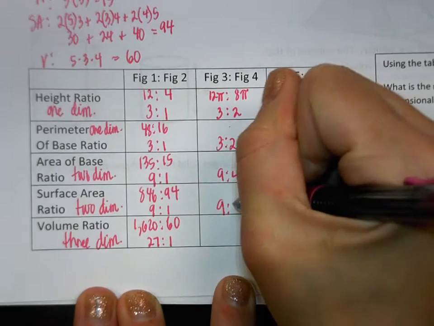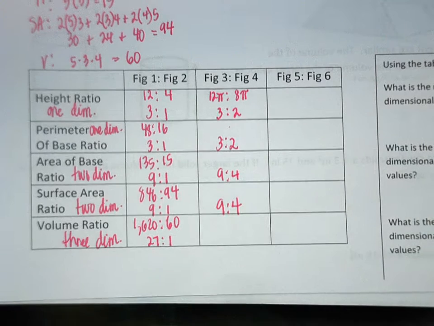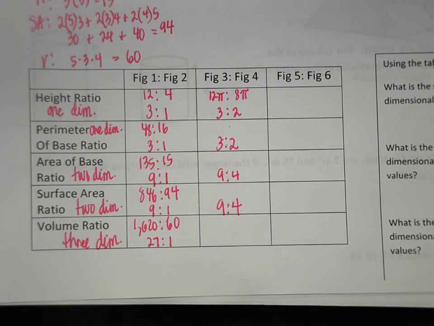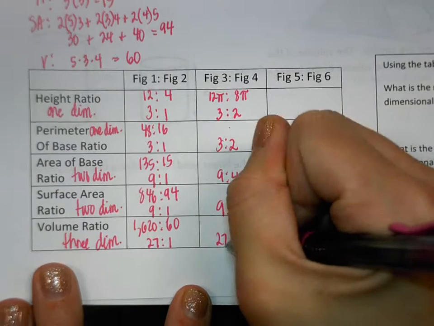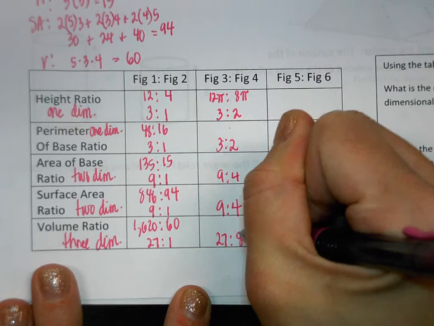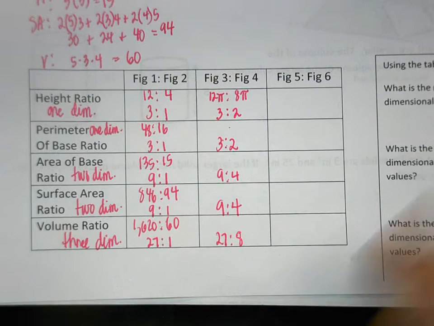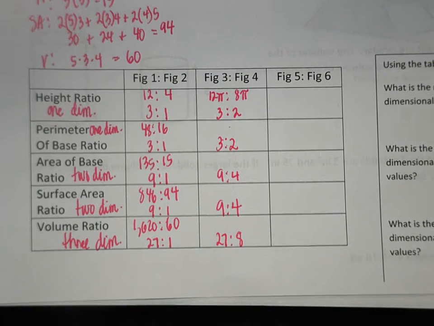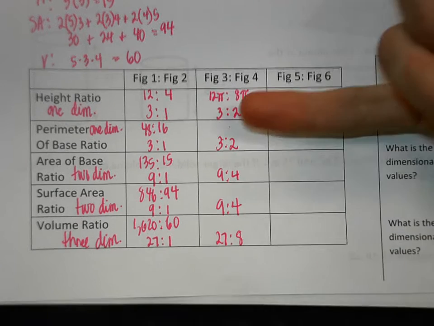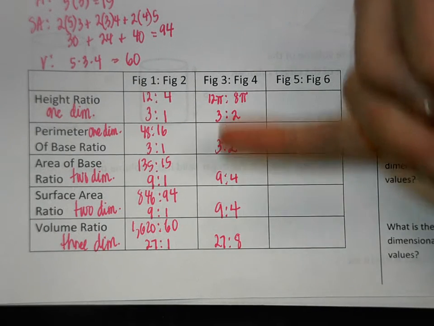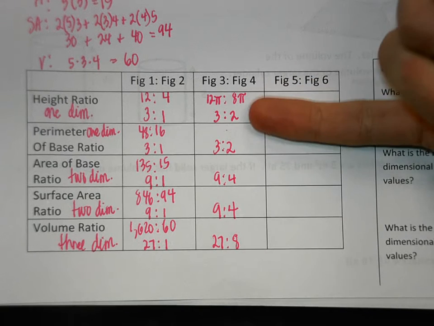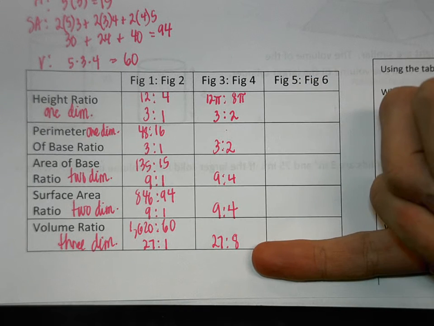Volume, what will volume be? 27 to 8 is correct. So what am I cubing and squaring? Whatever your one dimension is, we're squaring to get the 2 dimensions, and we're taking that value and cubing it to get the 3rd dimension.